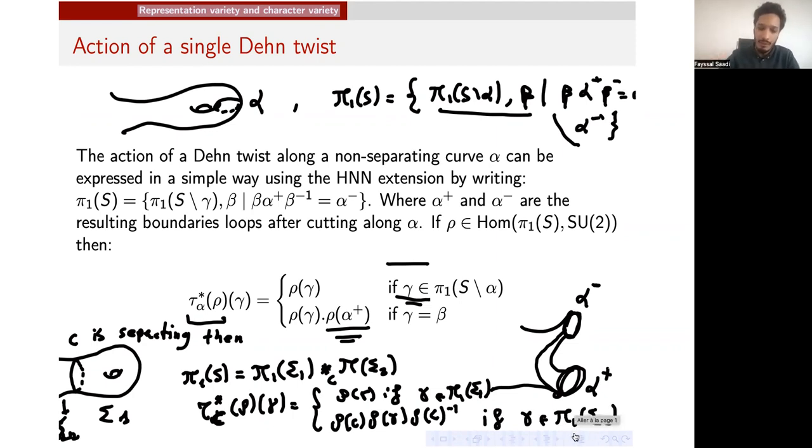So it fixes the first surface and conjugates the other by rho of C.